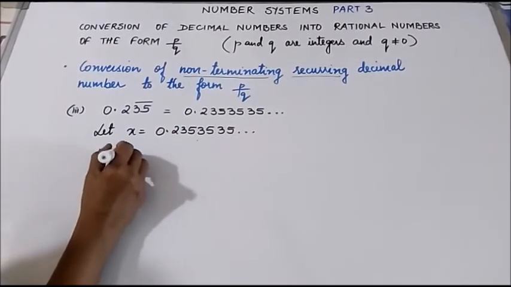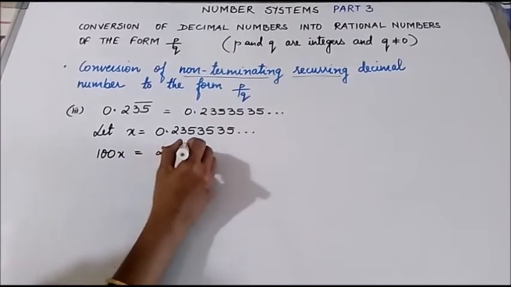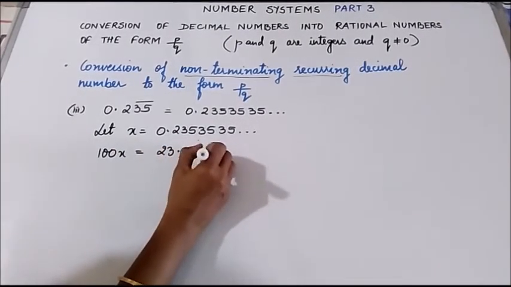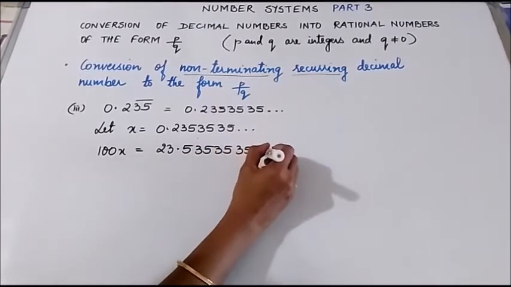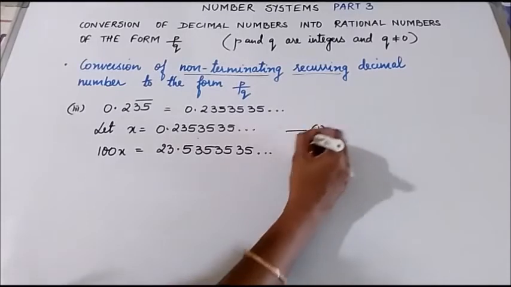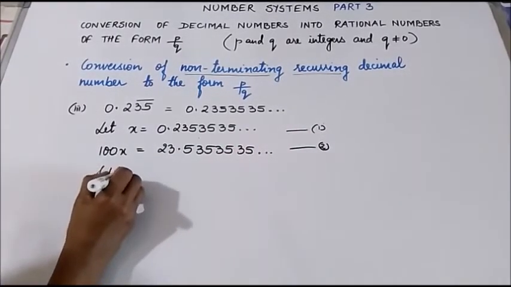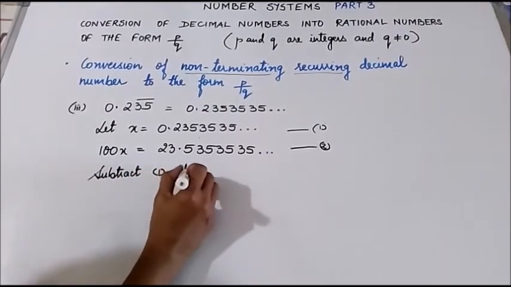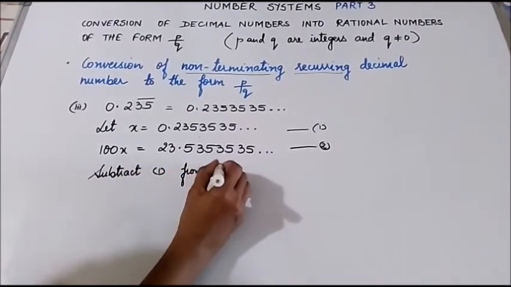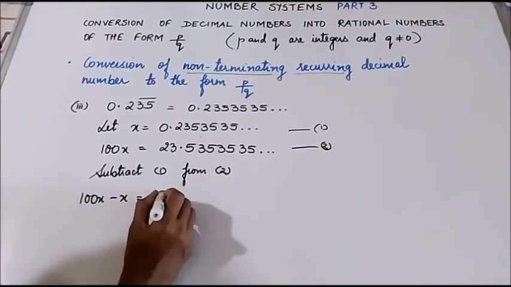Here you will get 100x. When you multiply by 100, you get 23.5353. This is the first and this is the second statement. Subtract 1 from 2. What do you get here? 100x minus x equal to 23.5353 minus 0.2353.